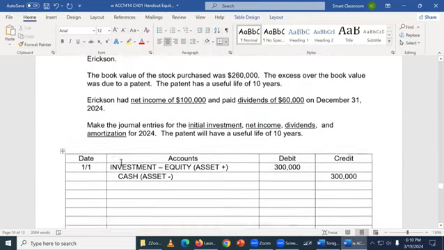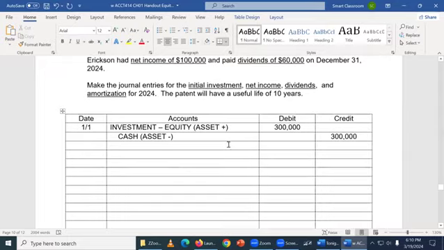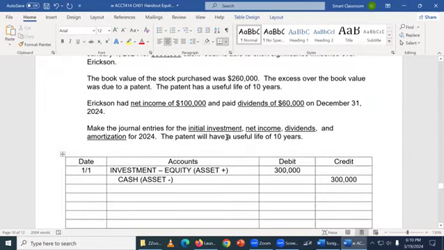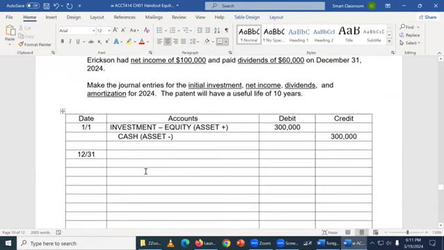Let's go to the income. And had net income of 100,000. So it will be like 25,000, yeah? Yep. Investment and equity in invested income. Good. Okay, so we have 100,000.